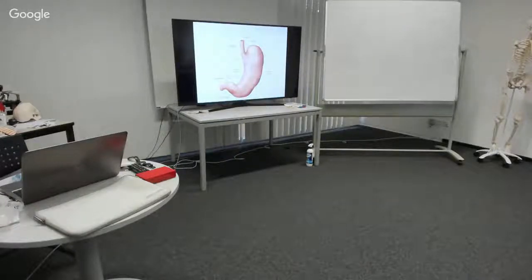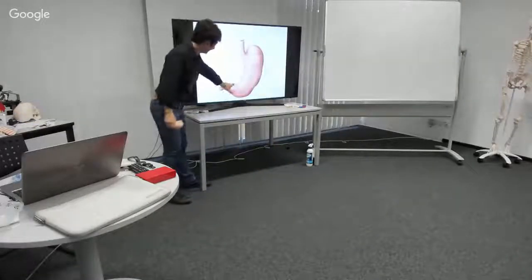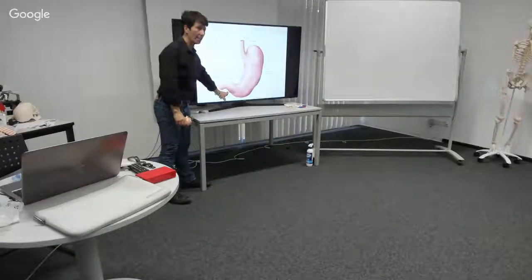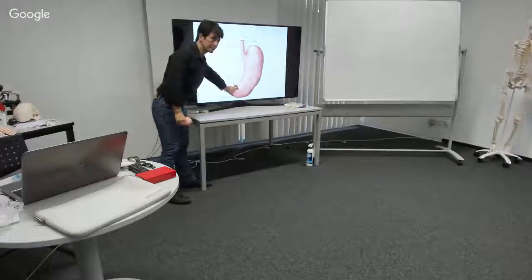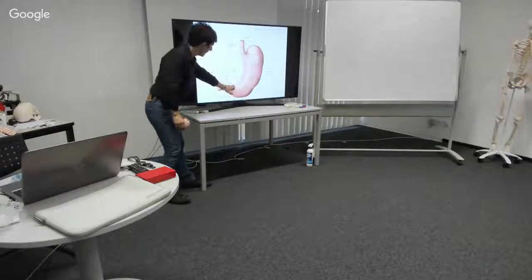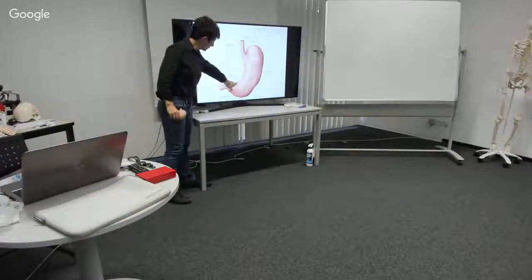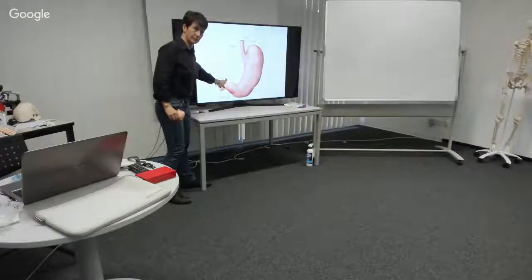Okay. Also, the pylorus at the beginning is wider, is broader, and its lumen is greater, and then it is going to narrow.